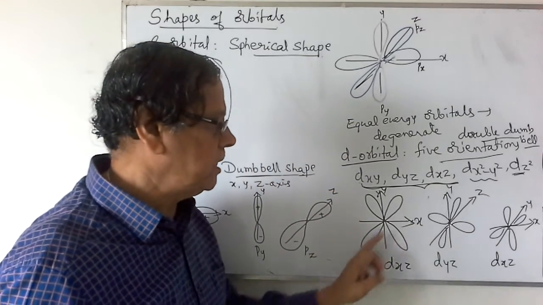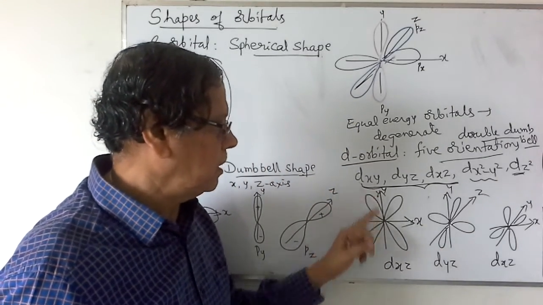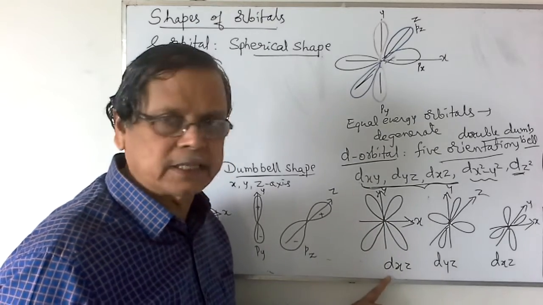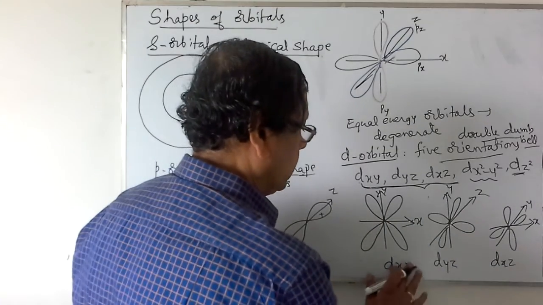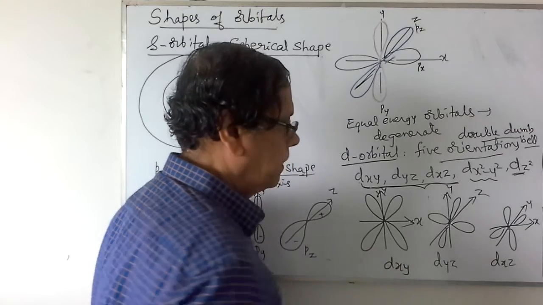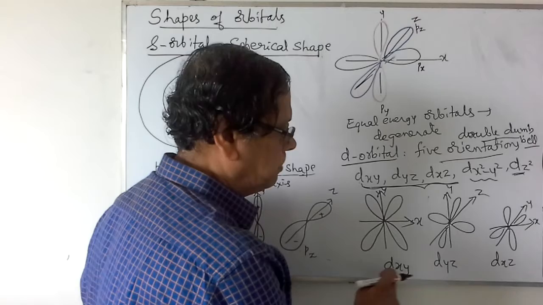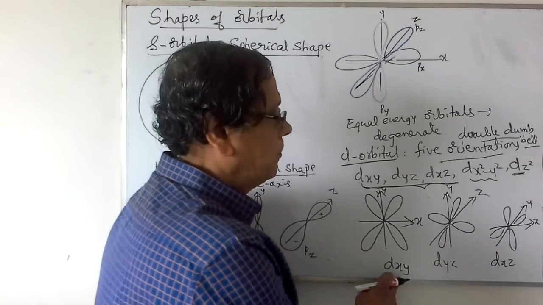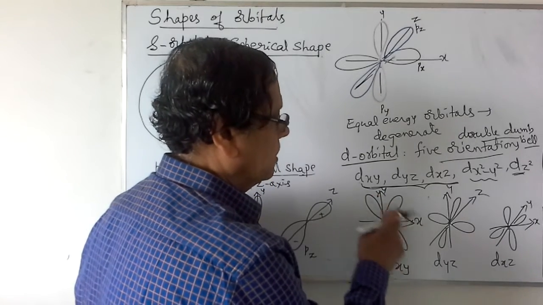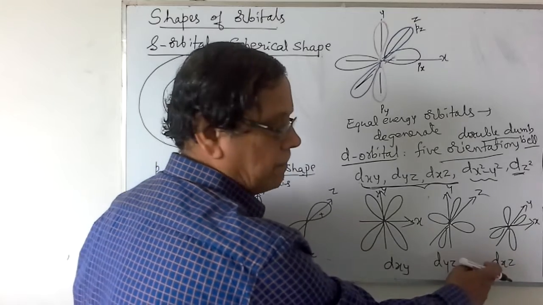Otherwise, you just go on changing the axis. If you consider this x and y axis, it is dxy. If you consider y and z, suppose you consider this as y and this as z, it becomes dyz. If you consider this as x and z, then it is dxz.